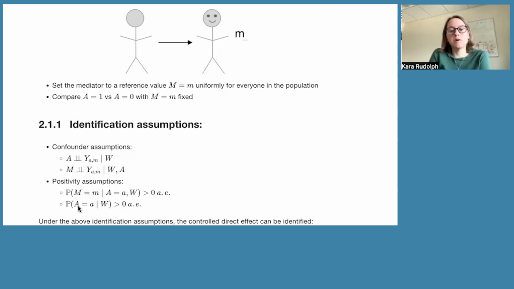We would need to assume that there is a reasonable probability of getting each value of the treatment of interest for every strata of covariates. And then for this top bullet, we would need to assume that there's a reasonable probability of getting the particular mediator value that we're setting to everybody, for every strata of covariates and for each of our treatment values that we're interested in contrasting.